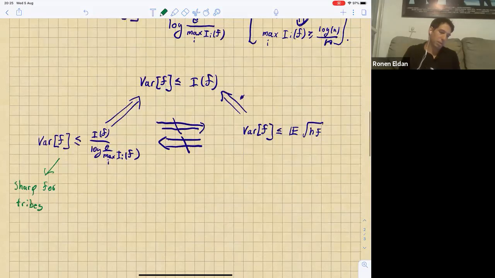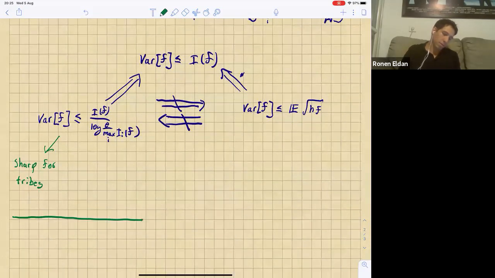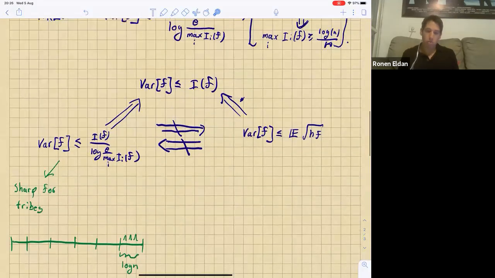Roughly speaking, take your coordinates, partition them into subsets of size roughly log n each. Then inside each of these subsets, you do an AND between all of the things, and you do an OR between the different tribes. It's not very hard to check that this is sharp, and tribes is an example where all the influences are the same, and they are all of order log n over n.